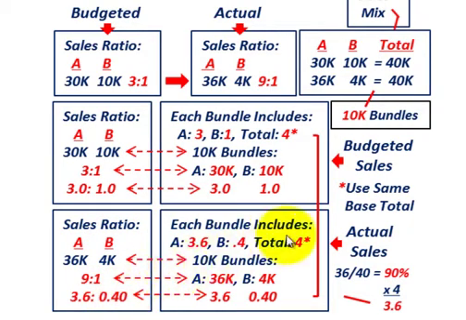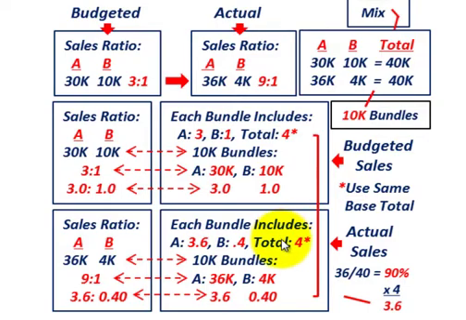We had the total of 4, subtract the 3.6 allocated to A, so essentially B gets the 10%, 0.40. So that's going to be the sales ratio that we're going to be working with. For each bundle, for actual sales, a quantity of 3.6 is going to be allocated to product A, and 0.4 to product B. So again, our total would be a quantity of 4 per bundle.